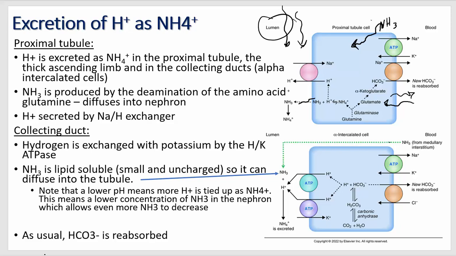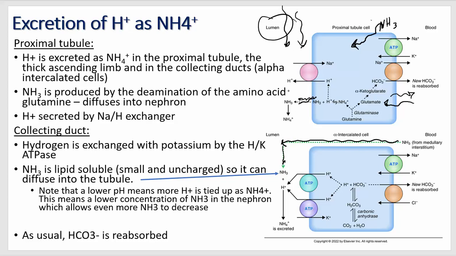So what we've done is that we have a buildup of hydrogen, and we have to get it out, and we're trying to put it into the lumen. Whereas our NH3 in the proximal tubule was produced in the cell and then diffused out, in this case it comes from the interstitial fluid of the kidney, and it just diffuses right into the lumen as well.